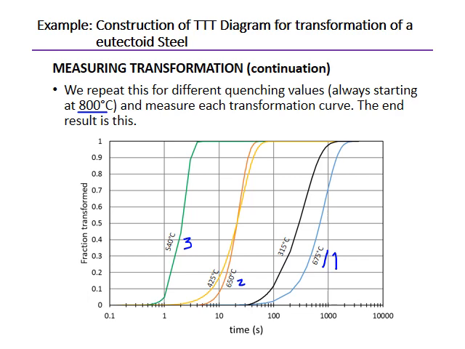The higher the quench, the higher the nucleation. Why is that? You have to remember that the critical radius is proportional to the undercooling value. So the higher the undercooling value, the lower the critical radius. So it's easier for nucleation to take place.